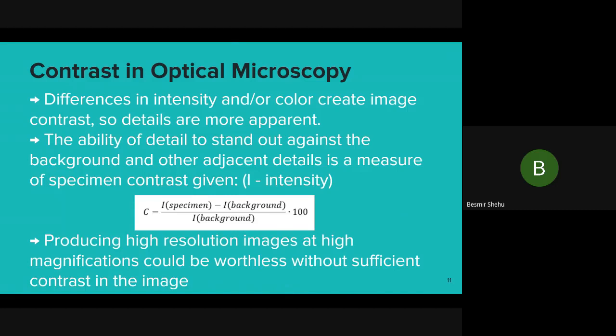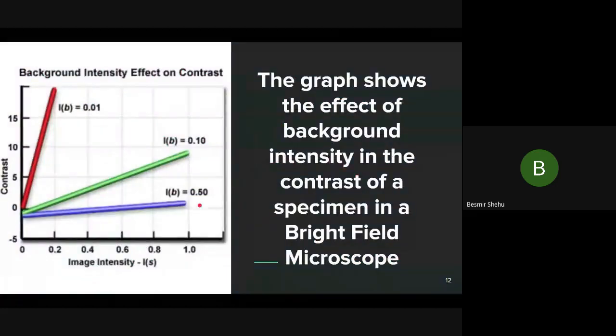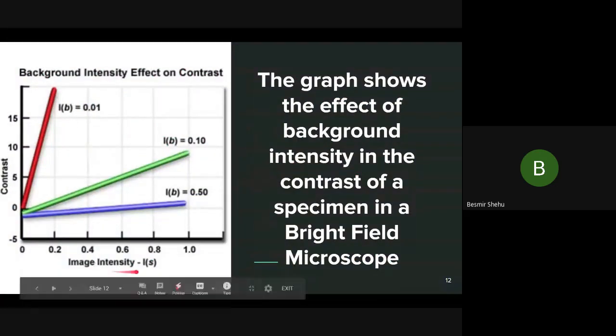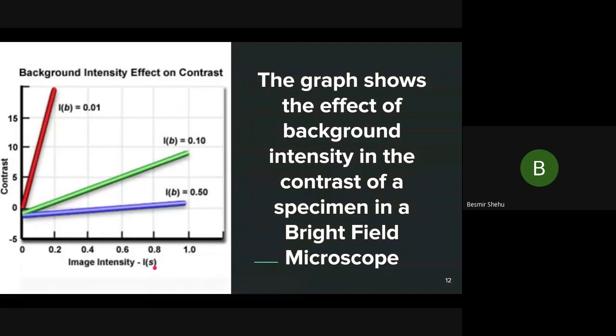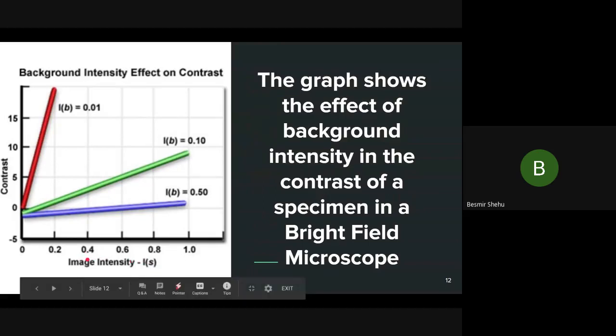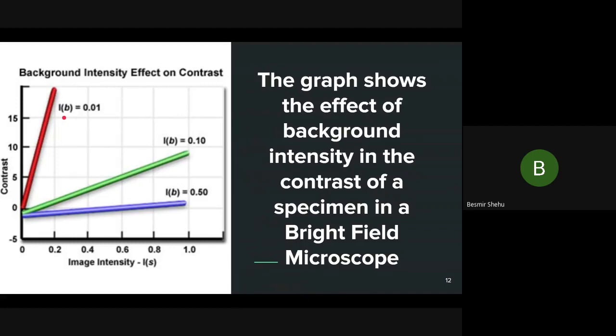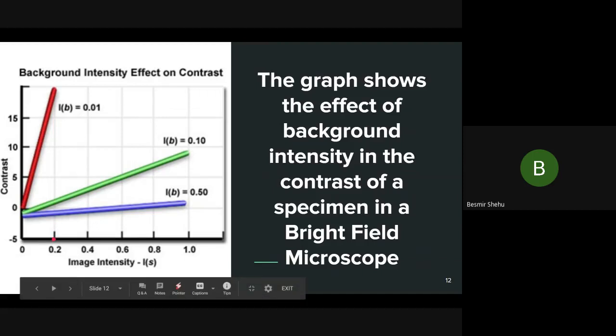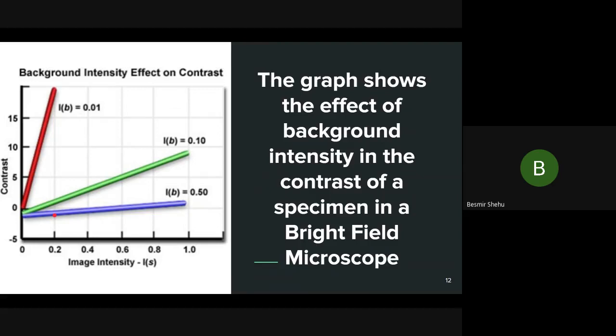In this graph, we show the intensity of the background and the intensity of the specimen. For the same amount of image intensity, if we have a low background intensity, we see that the contrast is very high. If we have a higher background intensity, we get a lower contrast.